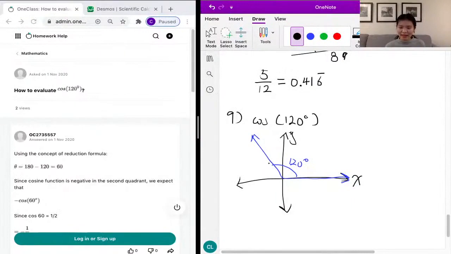And since the point over here is on this side of the axis, and the cosine is the same as the x values on the unit circle, we know that cosine is negative. So just a note here, note that cos of 120 is negative.